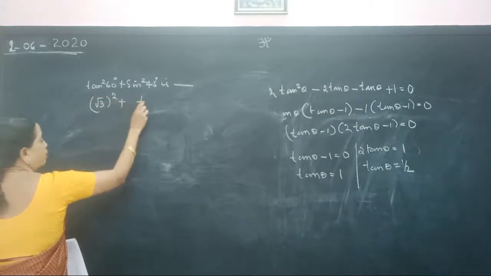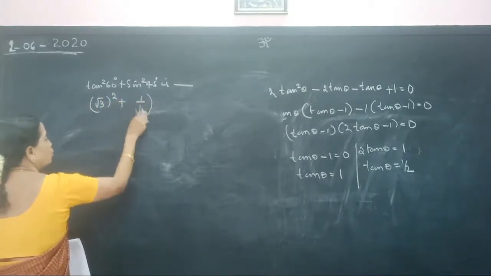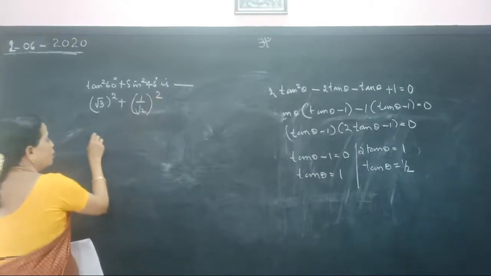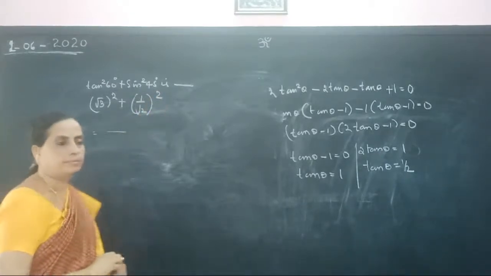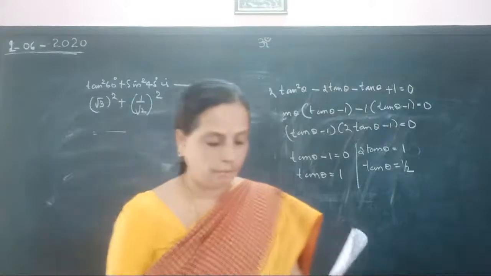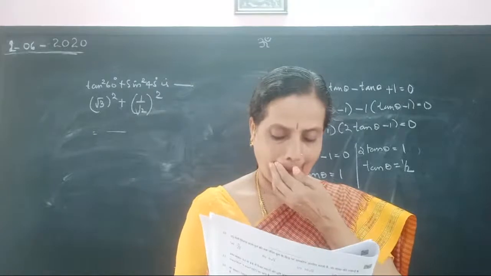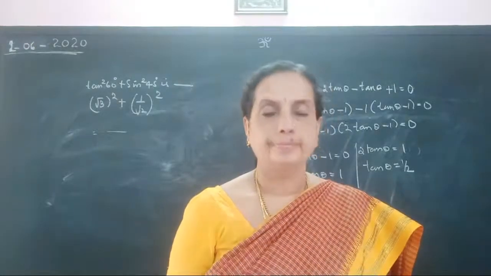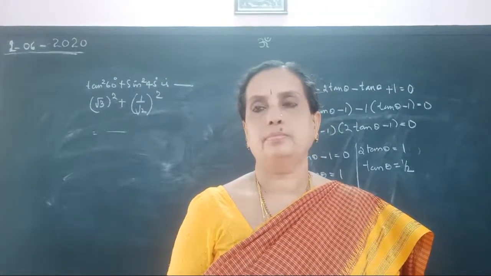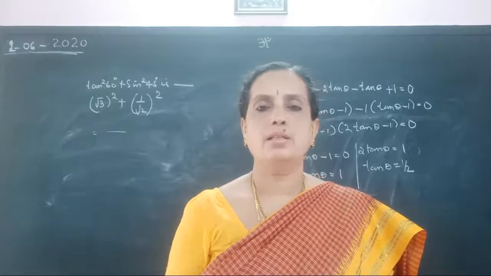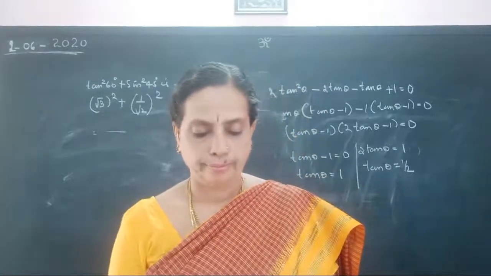Sin square 45, 1 by root 2 whole square. Now give me the answer. What is the final answer? Final answer is 7 by 2. Good.